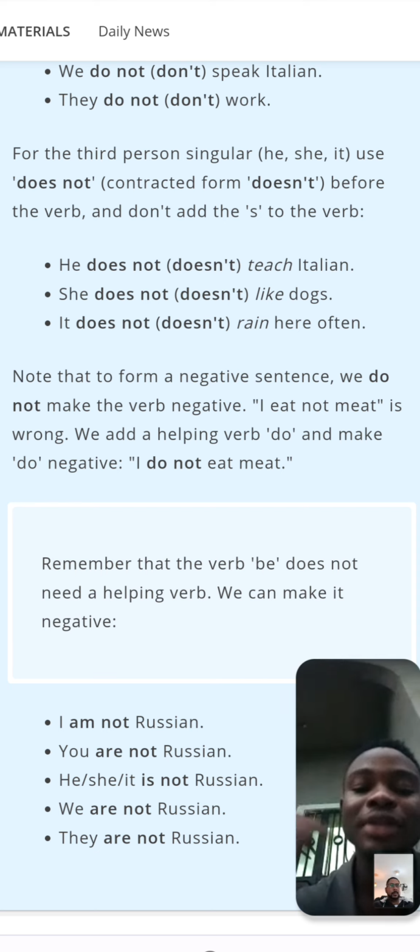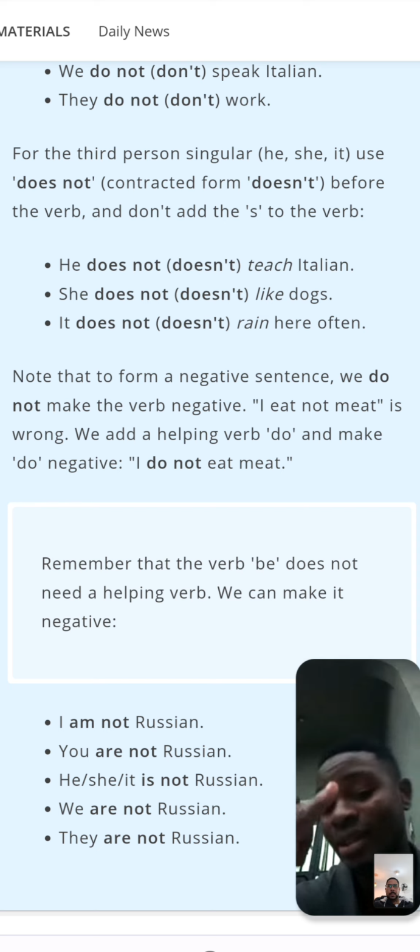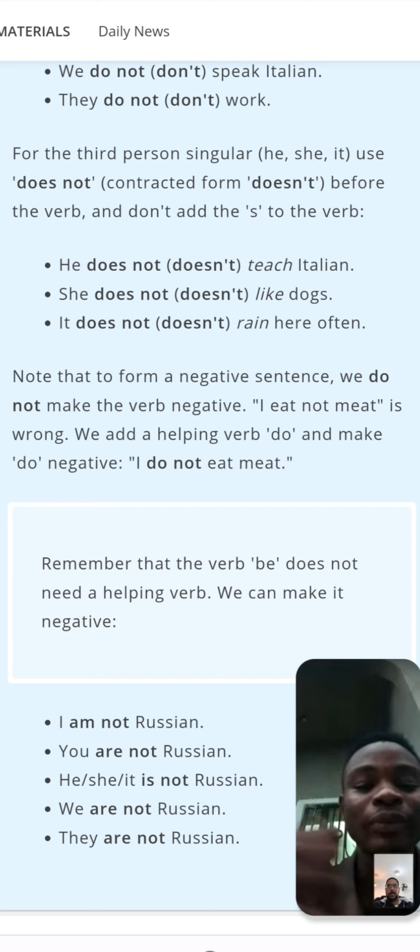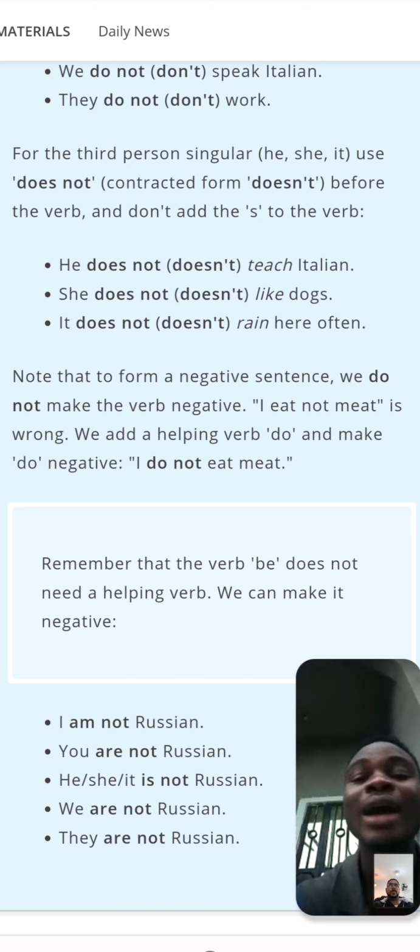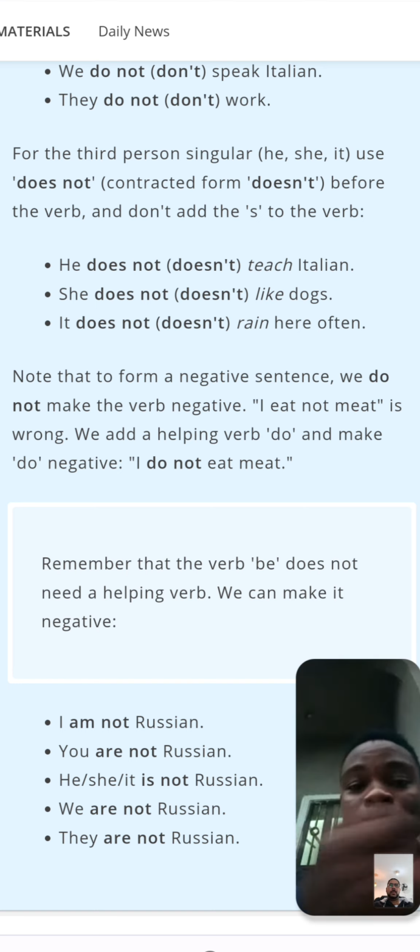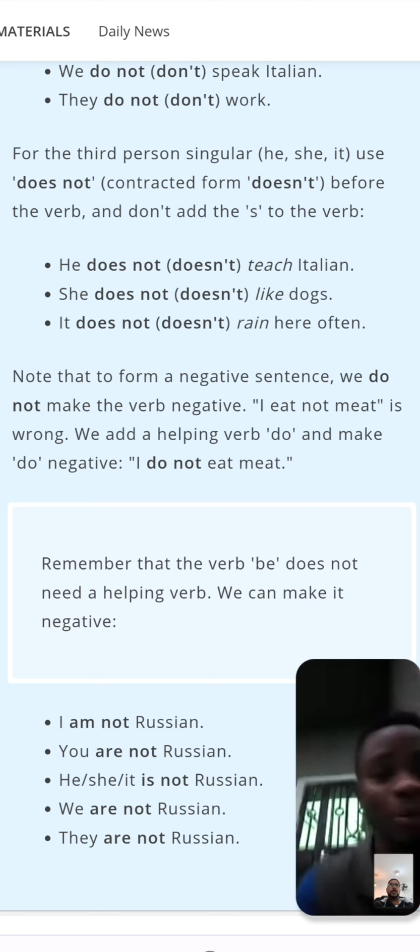Now, note that to form a negative sentence, we do not make the verb negative. That's just what I was trying to explain. For example, if you say, I eat not meat, it's wrong, because you are negating the main verb and not the helping verb.